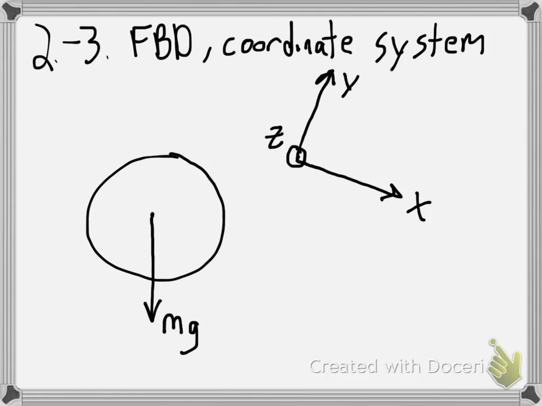Now, what else do we have? A normal force, and the normal force acts at which point? Where it's touching the surface. Right, the contact point, which we have been calling point P. Okay, point P is the contact point, and we'll talk more about point P when we get to constraints. So, this is the normal force, and it acts at point P. And then, what else do I have?